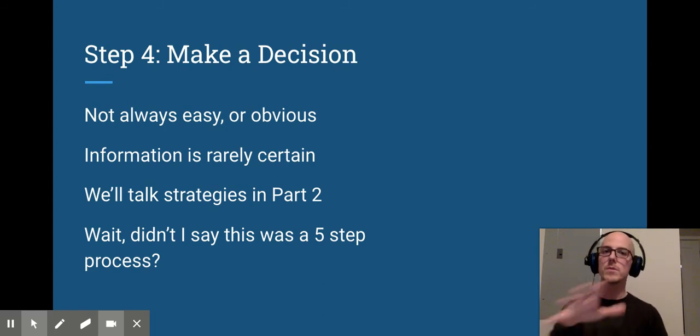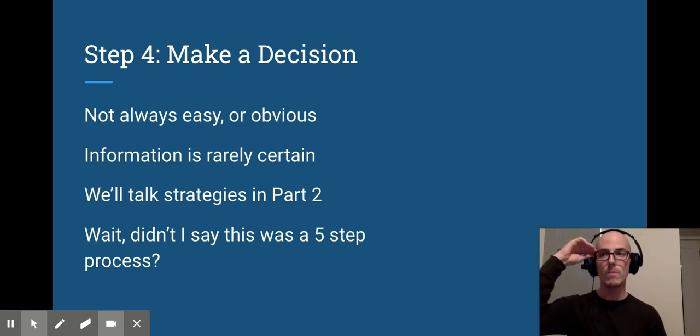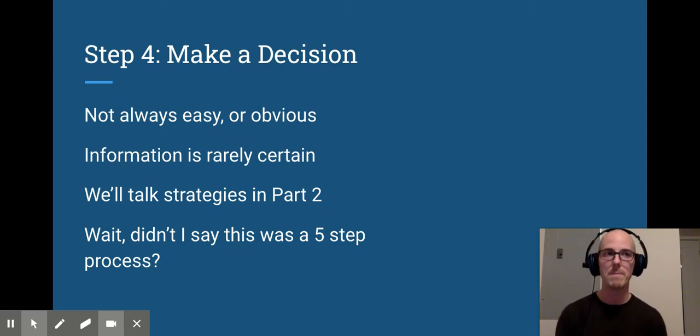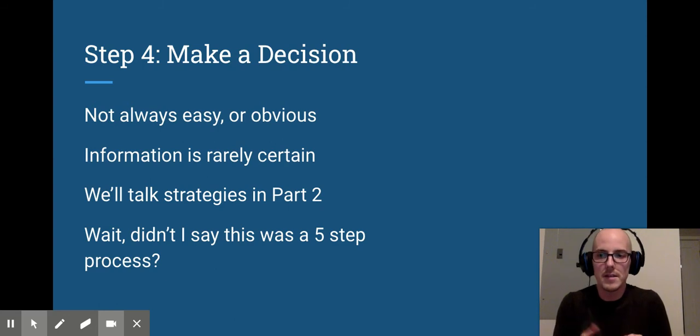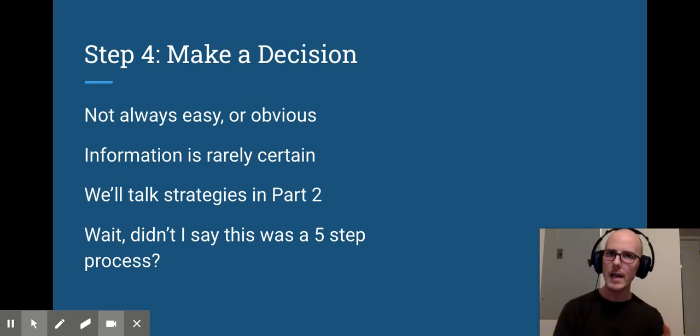And oftentimes, the information that we gathered is rarely certain, especially when we're dealing with probabilities of things happening, but also just the concept of the GM might know a lot more than you, and the GM hopefully isn't lying to you. I hope you're not working with a GM who's withholding information or giving you bad information. But part of the fun is in the players not knowing what's going to happen and playing to find out.